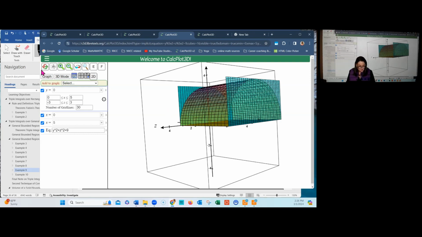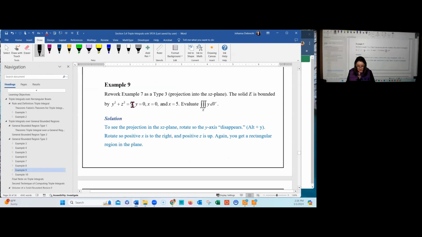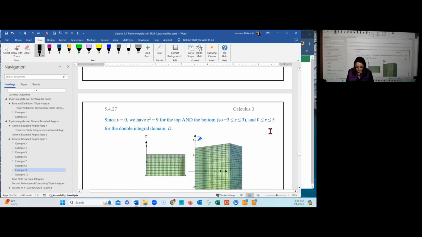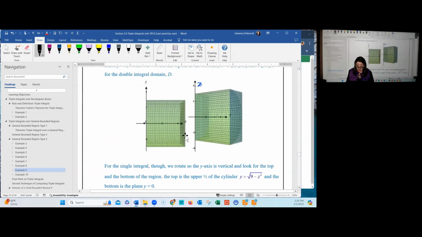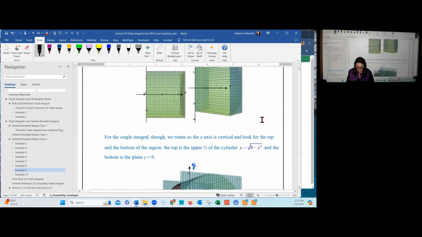Now, to get the surface of the cylinder, we take our equation, y squared plus z squared equals 9, and solve for y. That will give us plus or minus the square root of 9 minus z squared. But again, we only want the upper half, and so we take the positive radical. Let's take a look now at these images that you can see here. Here's the rectangle, and this is our shape.